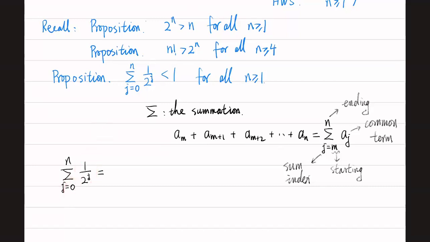A_0. Yeah, do not simplify, we just replace this J by 0. Amy, is this clear? Yeah. So the first term, when we start at M, I replace J by M, I get the first term. So here we start at 0, so I replace J by 0, I get the first term.